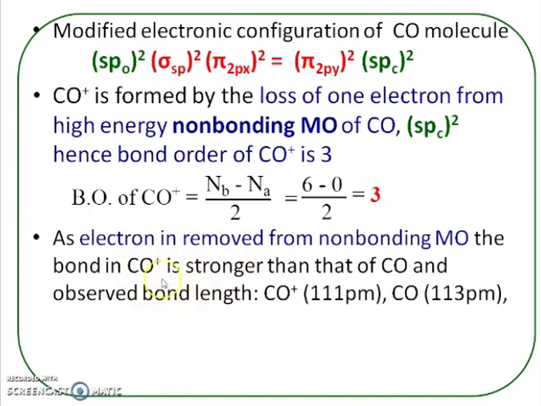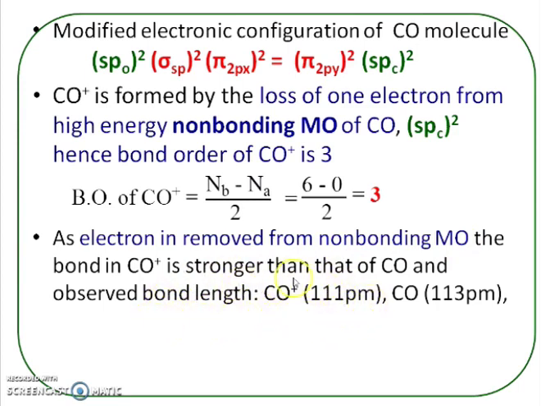But here at the time of formation of CO plus, there is a loss of one electron from a non-bonding molecular orbital, and therefore bond strength rather increases, and as bond strength increases, bond length is expected to decrease.